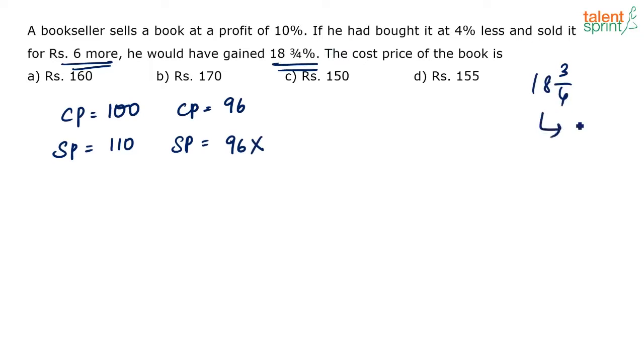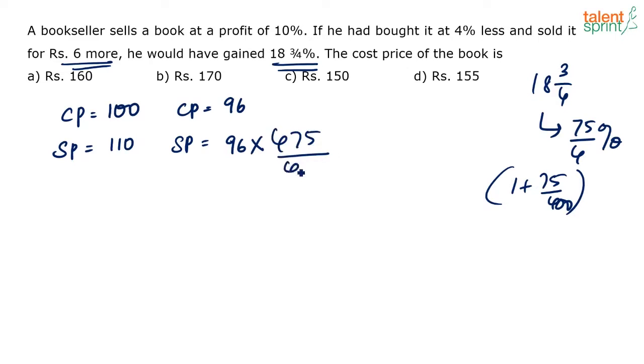18 3/4 is nothing but 75 by 4%, correct? So when he is selling the article which he has bought for 96 rupees, he is gaining 18 3/4%, or 75 by 4%, means his selling price will be 96 into 1 plus 75 by 400, correct? It is nothing but 475 by 400. I have written this here directly.